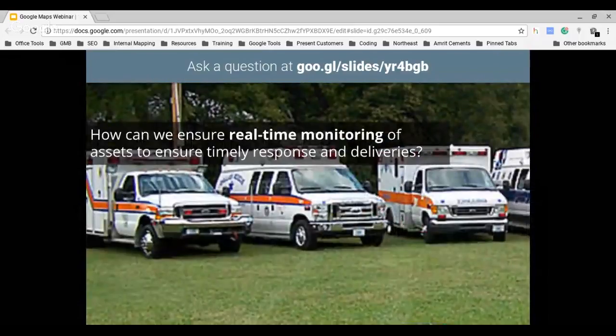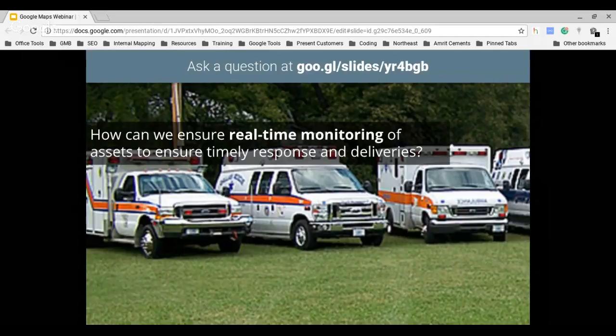Then we have how can we ensure real-time monitoring of assets to ensure timely response and deliveries, right? So this use case is more about the moving vehicles on the field, not just the people. So people can be just tracked with a simple Android application on their phone, right, which has a Google Maps asset tracking license.